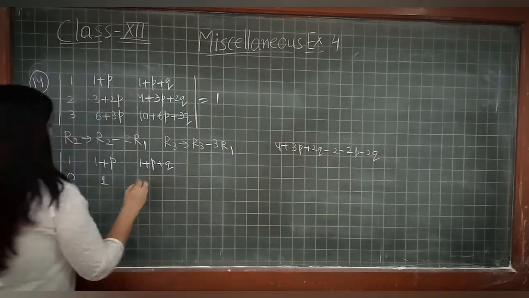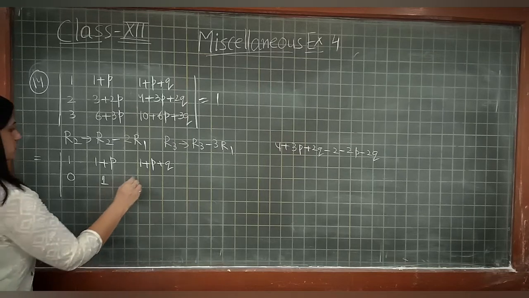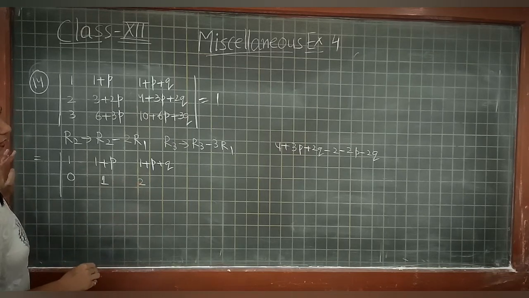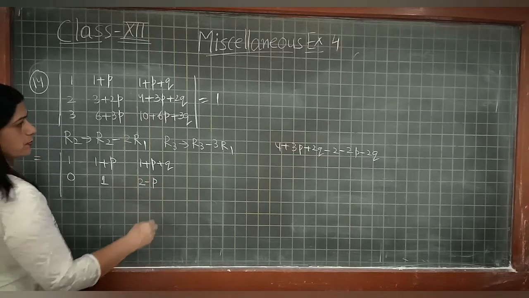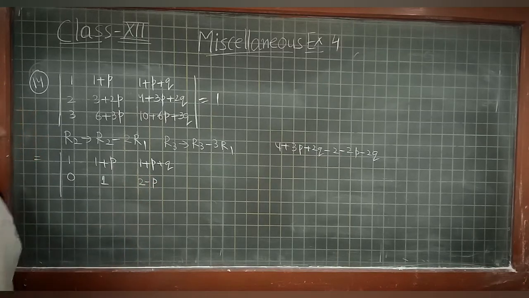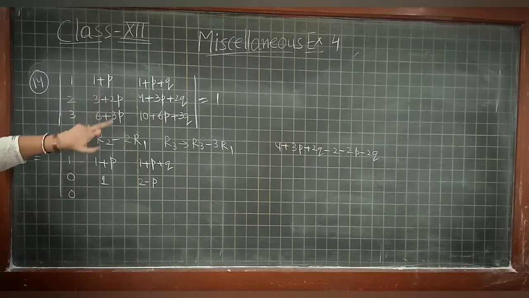So we have now, here it will be 4 minus 2 is 2, then 3P minus 2P means minus P, then 2Q minus 2Q. Okay, 0. So now come to R3. Again it will be 0. So R3 minus 3R1. So 6 plus 3P minus 3 minus 3P.